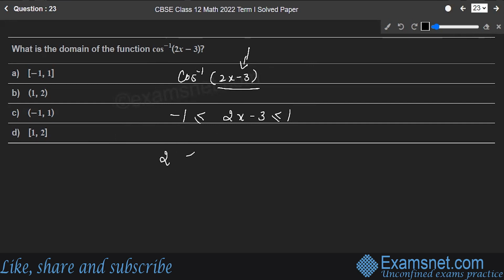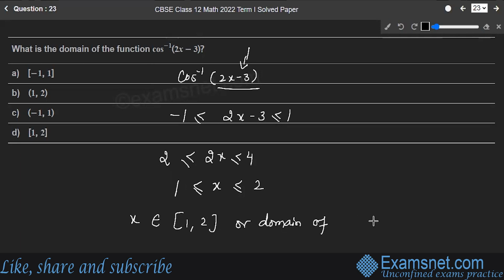This will be 2 less than or equal to 2x less than or equal to 4. So this will be 1 is less than or equal to x is less than or equal to 2. Therefore, x belongs to 1, comma 2, or this is the domain of the function, given by 1, comma 2. That makes your option D the answer.